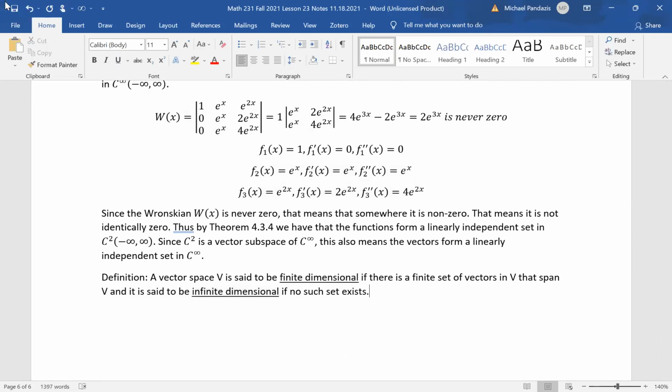If you have a vector space where you can find a finite number of those vectors that span the space, it is finite dimensional. If there is no way to choose finitely many of them in the vector space to span it, then it is infinite dimensional. Okay, and so that is the end of 4.3.